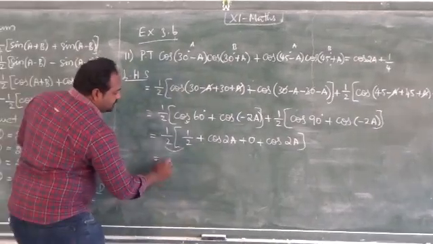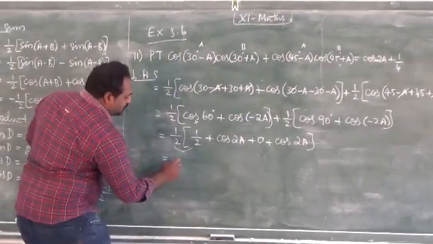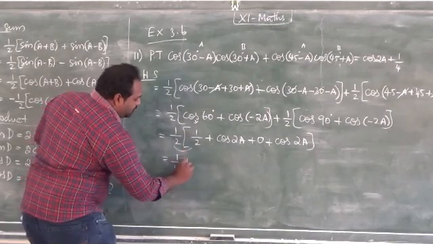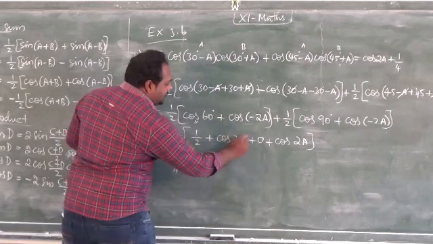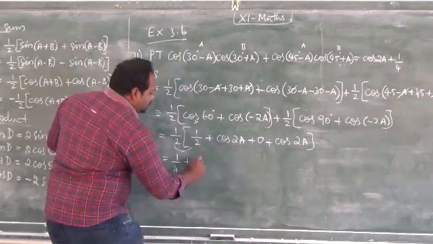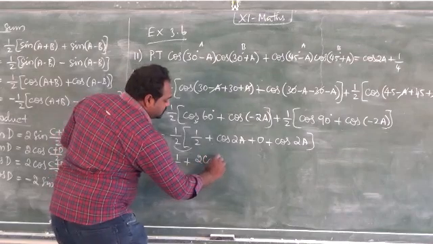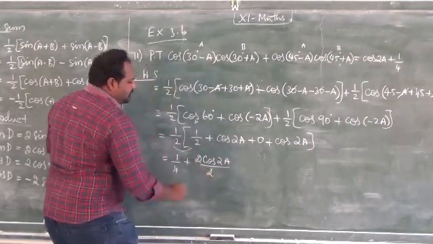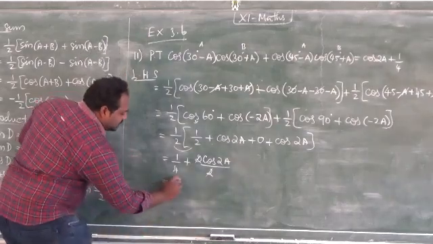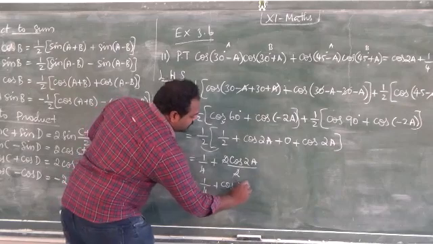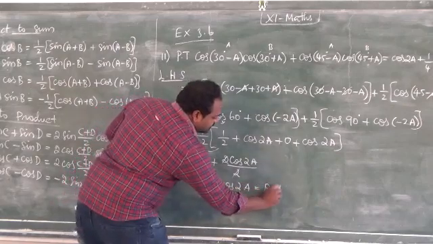Multiplying inside, 1/2 into 1/2 is 1/4, plus here we have cos 2A plus cos 2A, which is 2 cos 2A. So 2 cos 2A by 2, if I cancel it, I will get 1/4 plus cos 2A, which is the RHS.